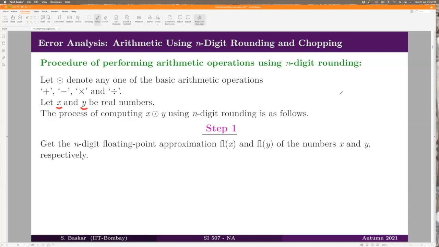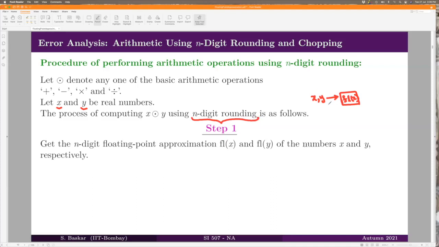What you are doing is, you have a computer, and you are giving two numbers x and y to your computer. What it first does is it takes x and makes the floating point approximation. It has its own way of doing that. For us, it can be either chopping or rounding. In this particular discussion, we are just considering n digit rounding. It really doesn't matter. It can be anything else.